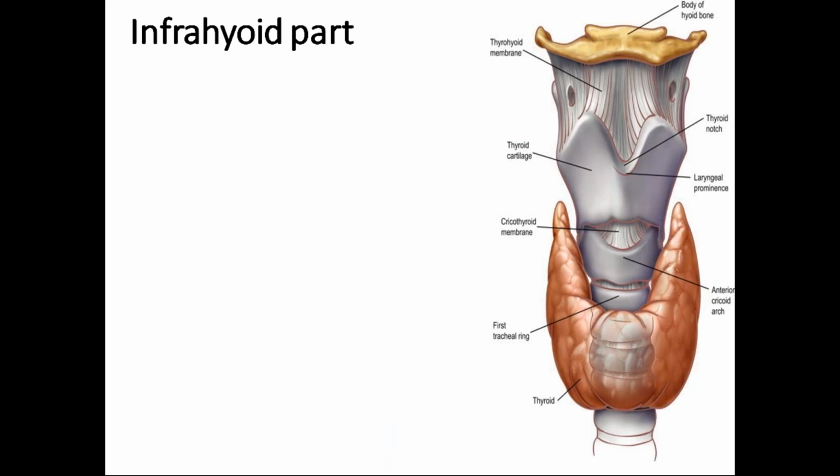Okay, so next you will see what structures you will see in the midline part of the infrahyoid part. Let me look at the picture here. The first structure you will see is the body of the hyoid bone. This is the hyoid bone, and this part is called the body of the hyoid bone. You will see it in the midline. The next structure will be the thyrohyoid membrane.